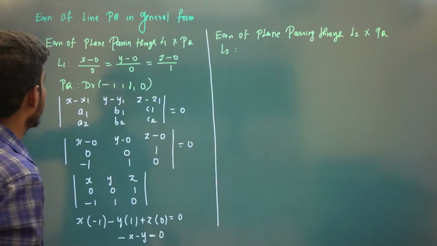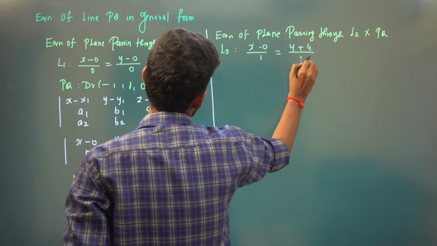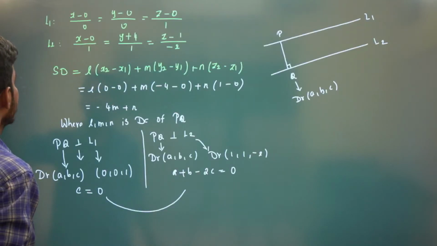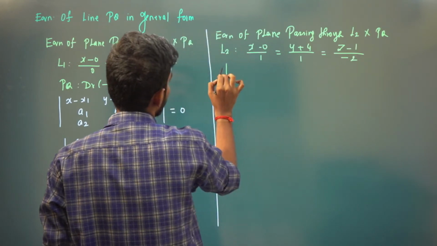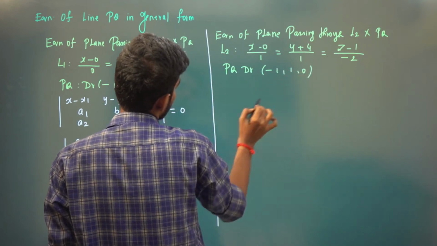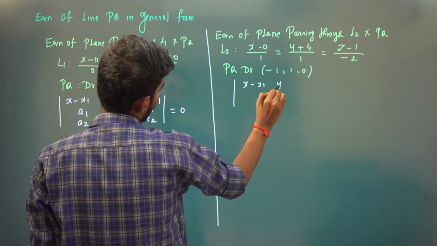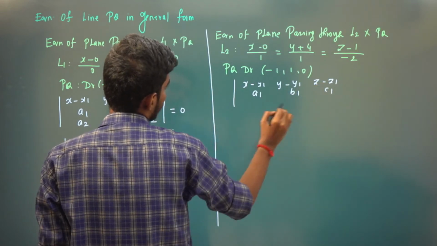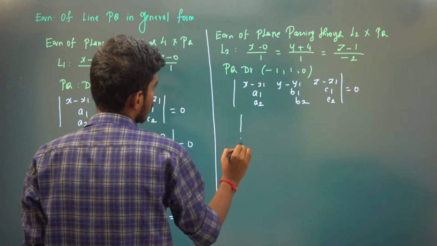L2 is x minus 0 by 1, y plus 4 by 1, z minus 1 by minus 2. And we know the PQ direction ratio is minus 1, 1, 0. So it is given by x minus x1, y minus y1, z minus z1, a1, b1, c1, a2, b2, c2 is equal to 0.